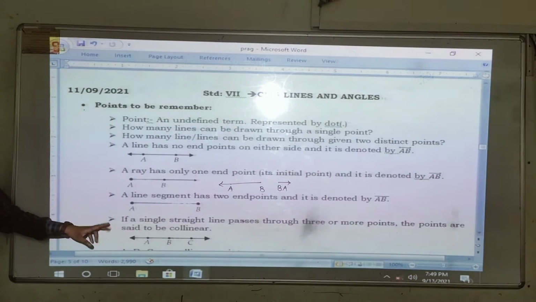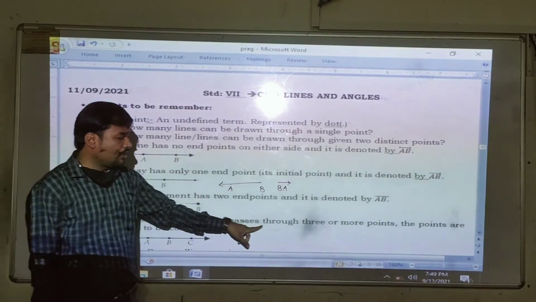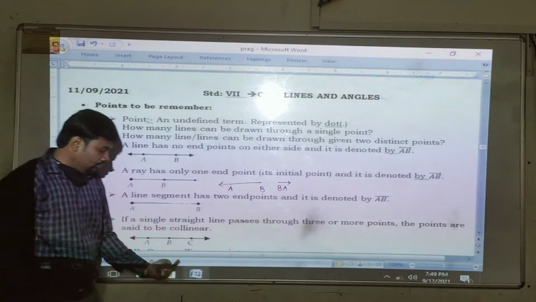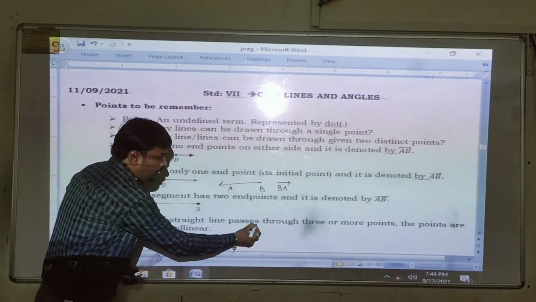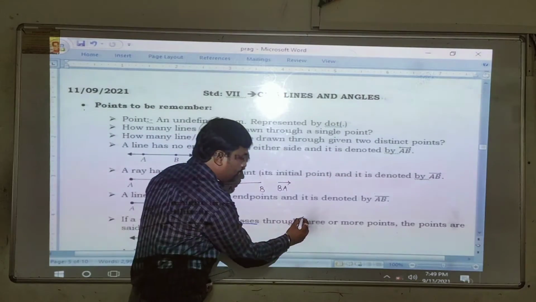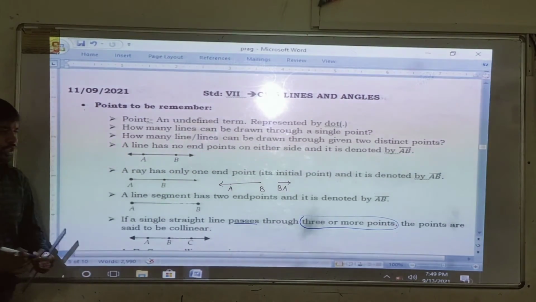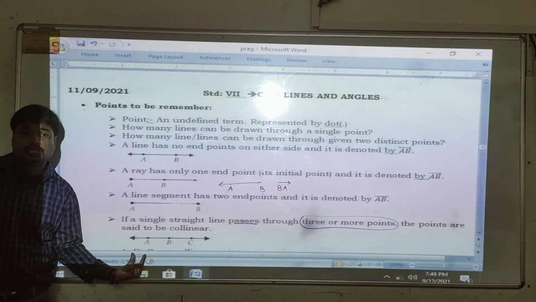Right? Then if a single straight line passes through three or more points, the condition is that it must pass through three or more points. Then they are said to be collinear.